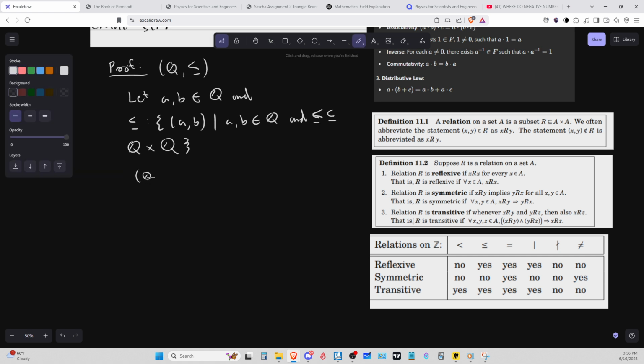We have to check if this is a field first.